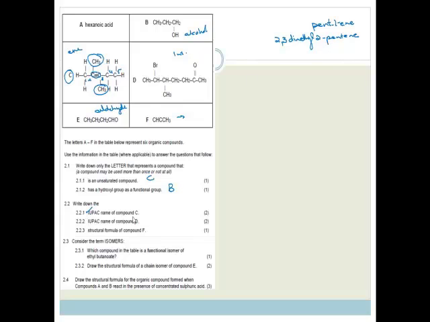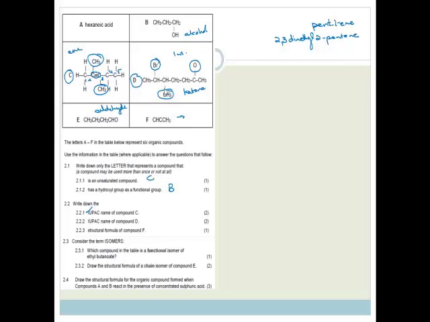Now they want the IUPAC name of compound D. Okay, so do you agree that D is interesting because it's got a bromine here, but it's also got a double bonded O, which is not at the end, so therefore this is definitely something with an 'anone' on it, okay? It's a ketone. This is a ketone with a bromine on it, and it's got a methyl group.